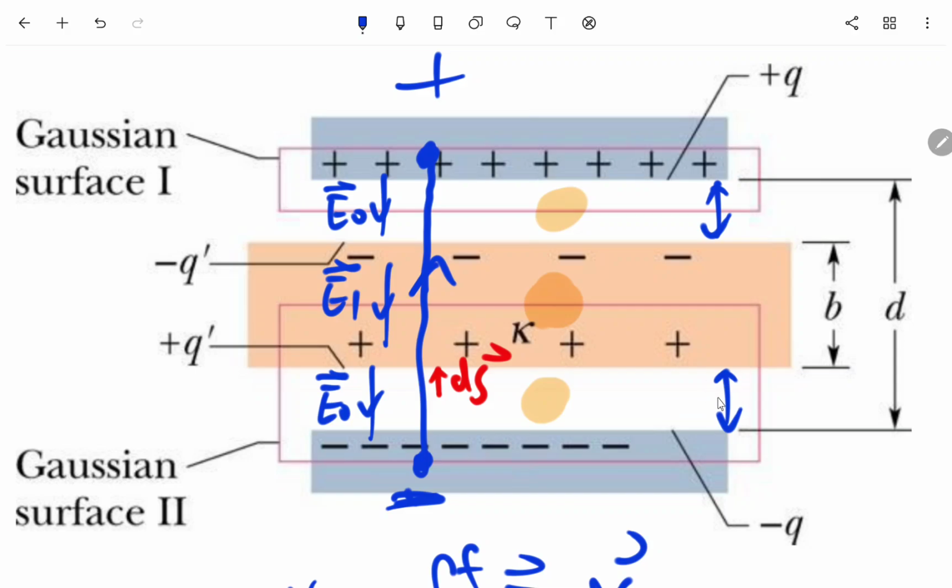For this part and this part, both of them have E0 as the E field.